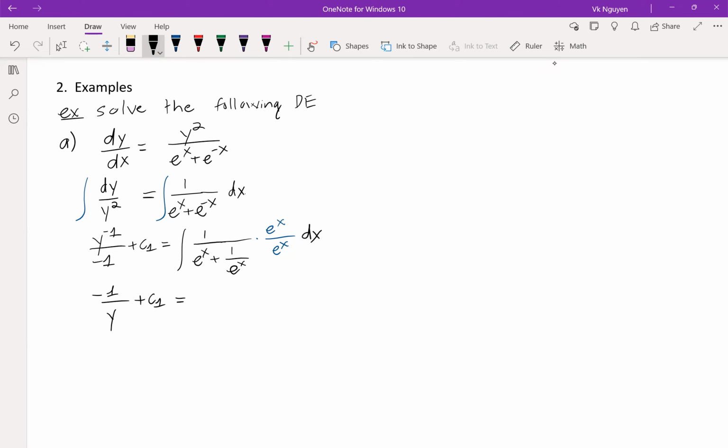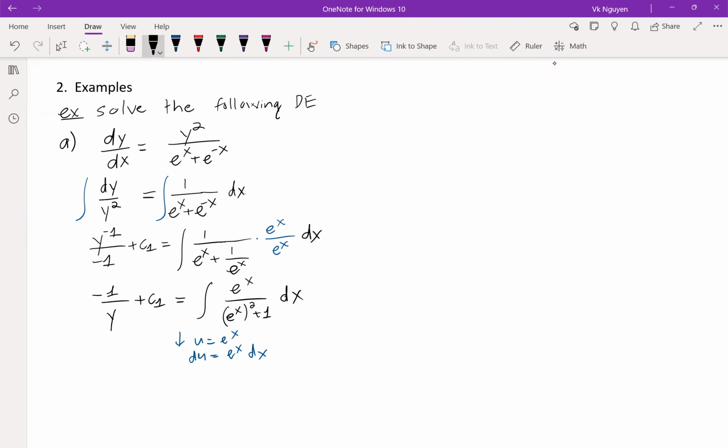On the right side, we have an integral of e to the x over e to the x squared plus 1 dx. Well, we can do the substitution here. Let u equal e to the x. So du is e to the x dx.